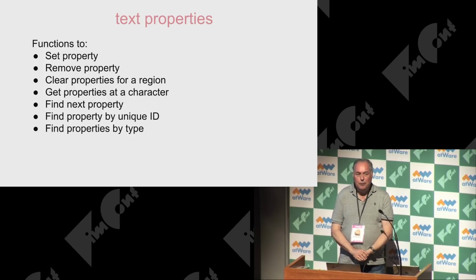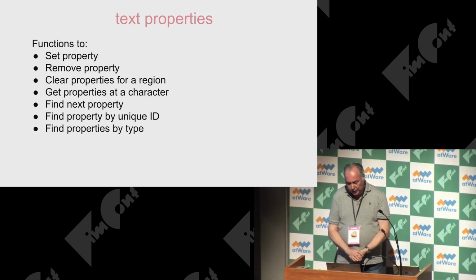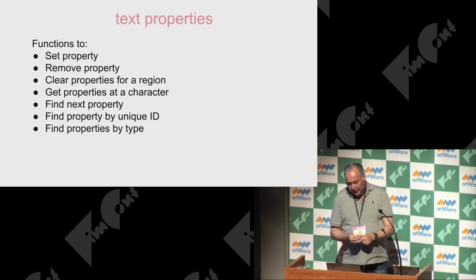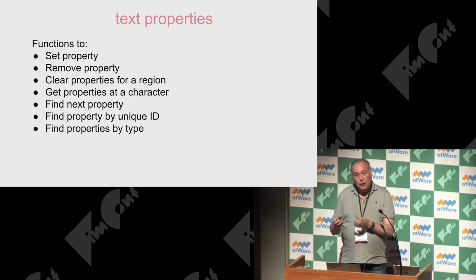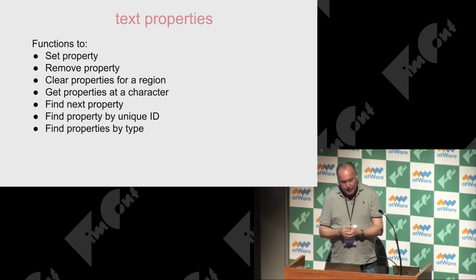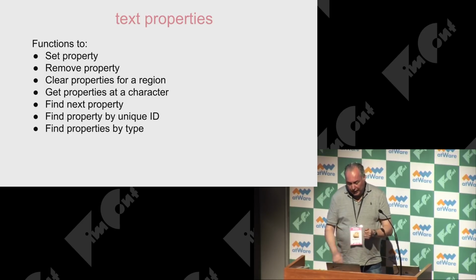We need quite a bit of stuff to make this work. So we need some functions to add a property, remove it, find it back, clear properties. You need a way like if you change text, you have a callback to say, hey, this text changed, so you may want to update your text properties there. There's quite a bit of functionality that we need.